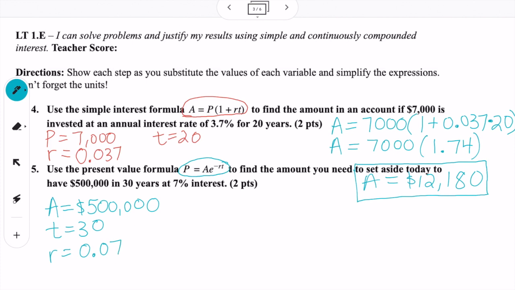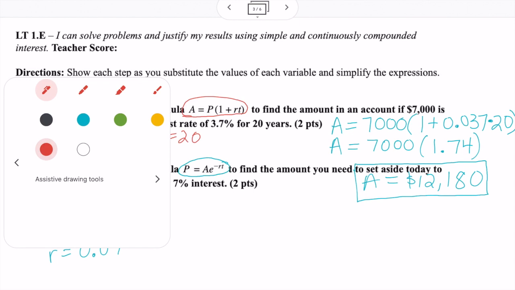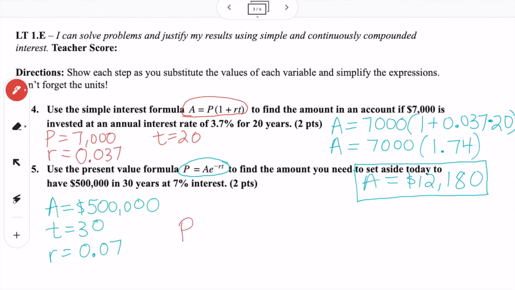Here we have the natural number E. Remember, it's not a variable. It is a number. And we can find that number on the calculator. So 500,000 times E, the natural number, to the negative 0.07 times 30.